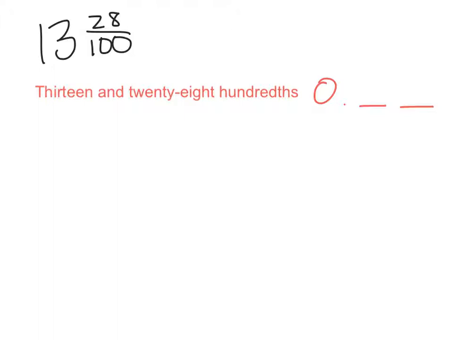We have 13 wholes, which means that we have 13 on this side, and then 28 hundredths, so 13.28. Just remember that however many zeros there are tells you how many spaces are behind the decimal. So we have 2 zeros in 100 and we have 2 spaces behind the decimal. Make sense? It's a surefire way to check yourself to make sure that your numbers are spaced correctly.